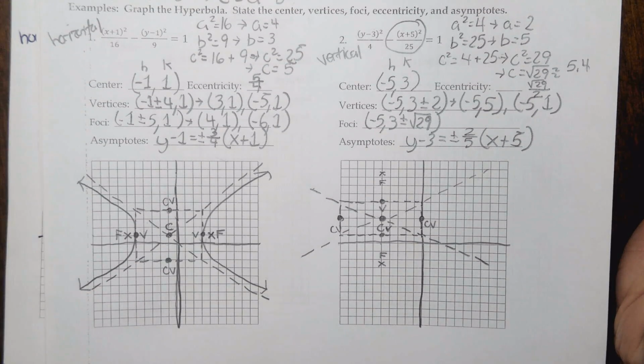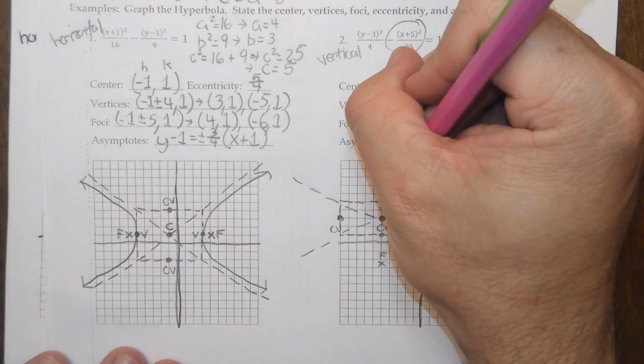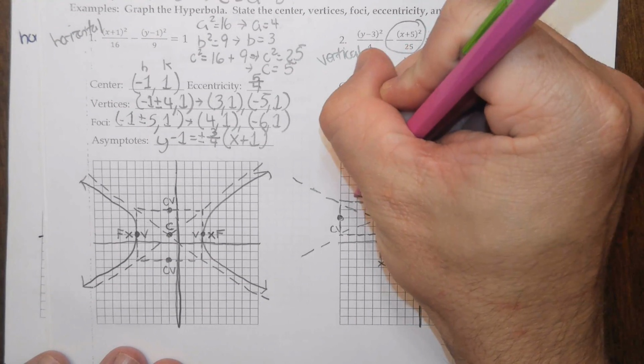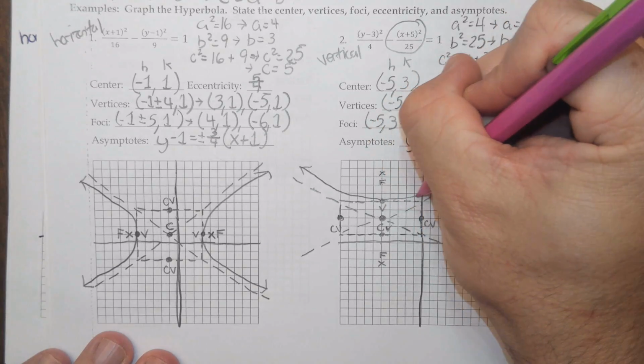Just do your best when you draw these. Now when we draw both our hyperbolas, remember, this is a vertical hyperbola. Wherever the vertices are, that's how you go about drawing these. We start at the vertices and swing it out along the asymptotes.